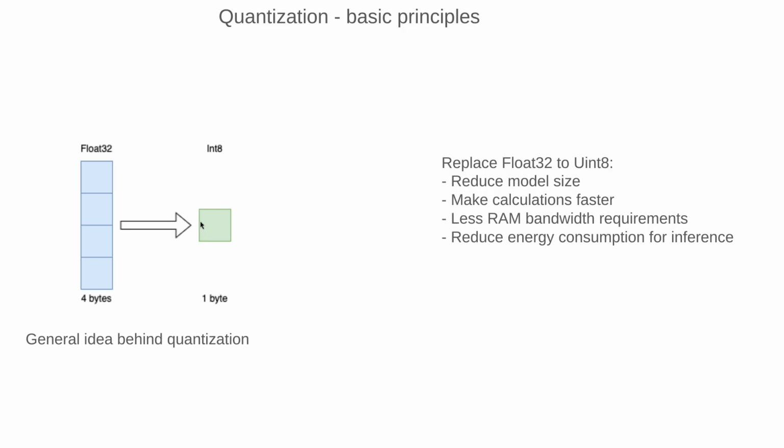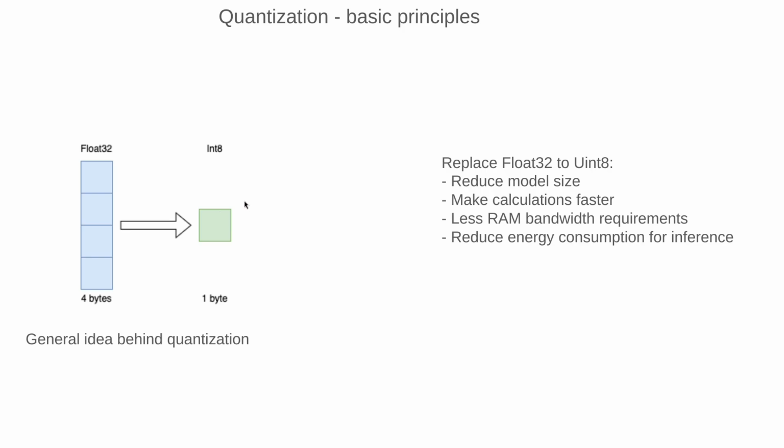This will also give us a dramatic reduction in network size. Obviously, we cannot replace 4 bytes with 1 without penalties in network accuracy. But let's take a look at what will happen.